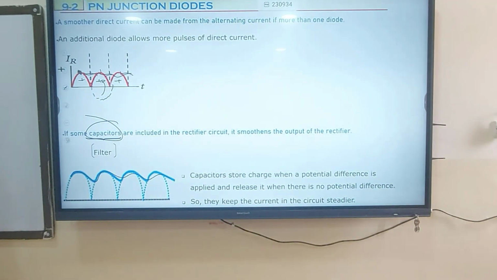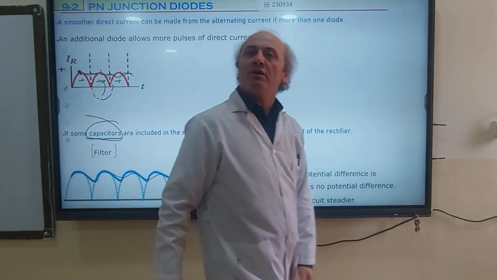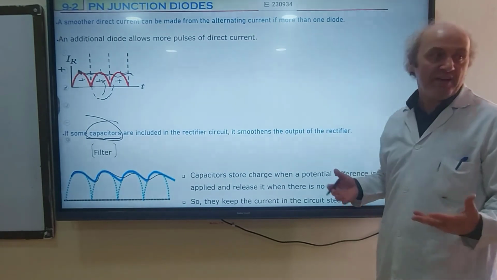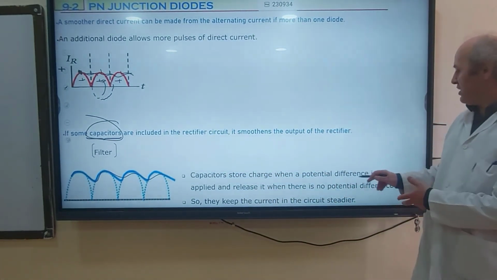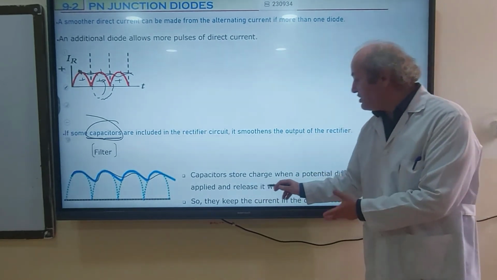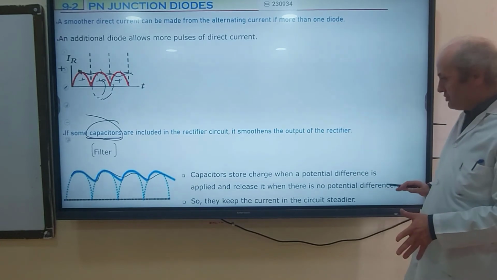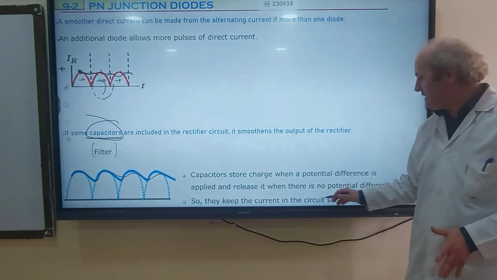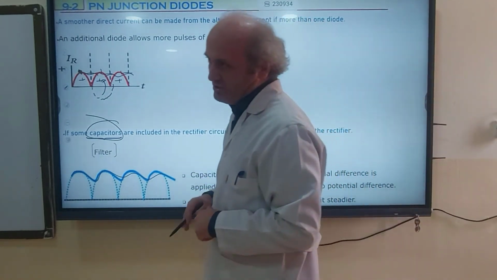So capacitors are used to smoothen the output of the rectifier, that is, the diode. A capacitor stores charge when the potential difference is applied and releases the charge when electric current is 0. So they keep the current in the circuit steadier than diodes alone.